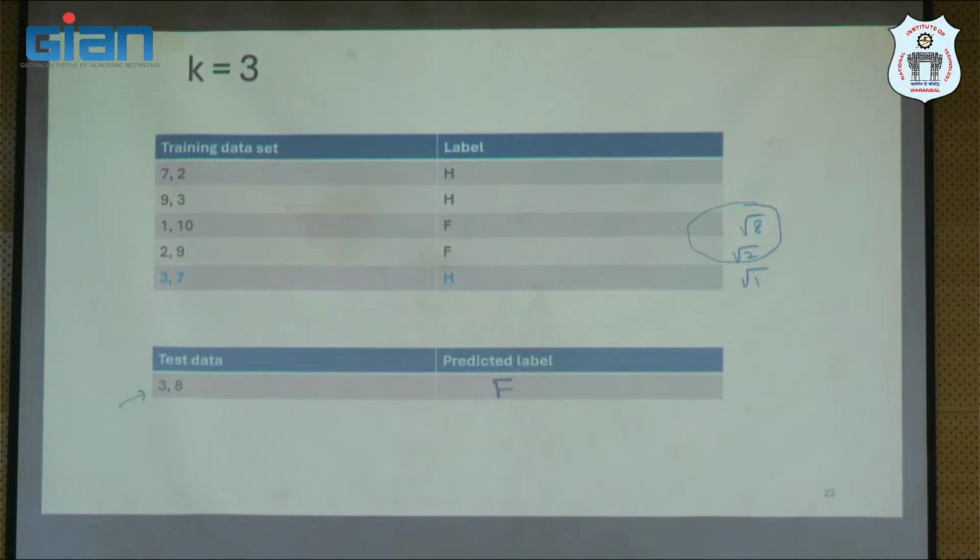So in mathematical algorithms, instead of using strings, what you can use is values. Instead of saying h and f, you can say h means 0, f means 1. You can give labels like 0 and 1, or minus 1 and 1, let's say. So what is majority vote?